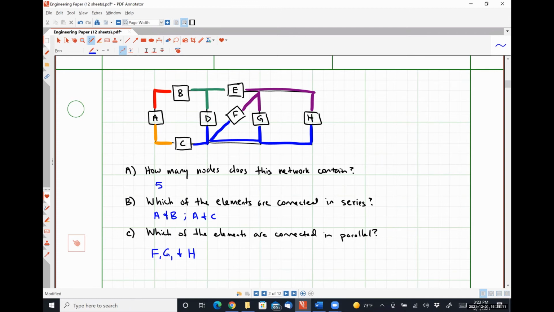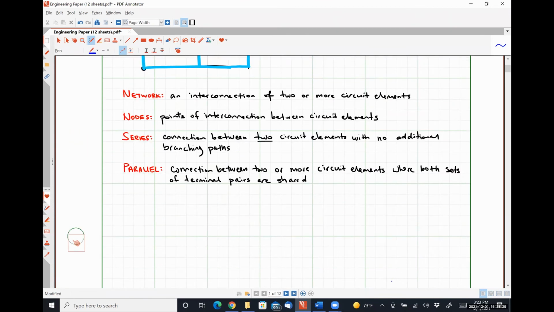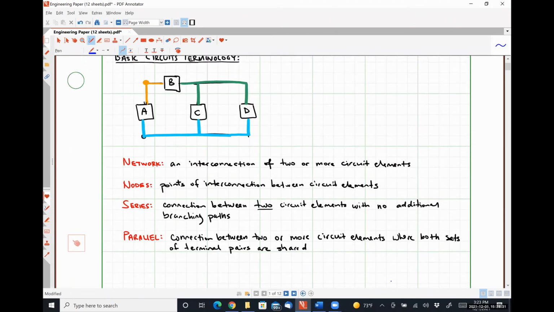Anybody have any questions about this example problem? Hopefully, fairly straightforward. All right. So let's circle back around to this original network that contains 4 elements.